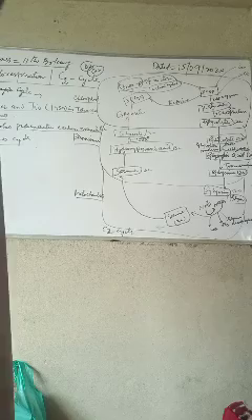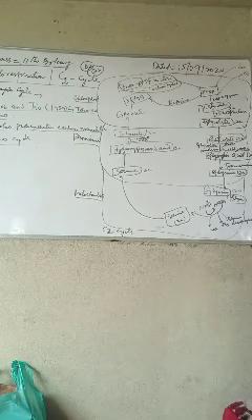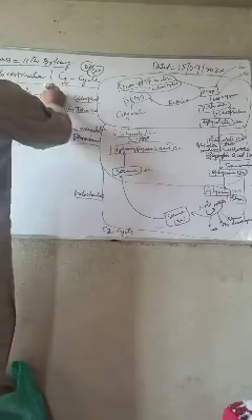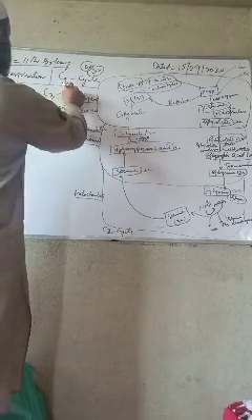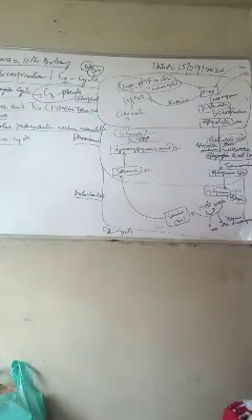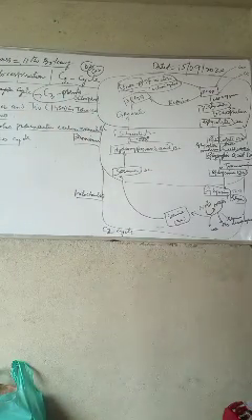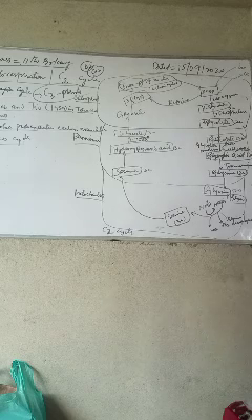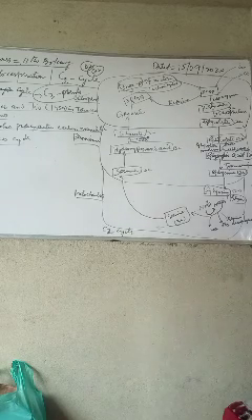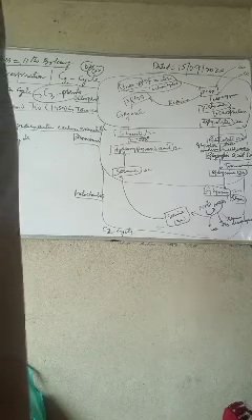Subsequently, photorespiration was found to be universal in C3 plants. C4 plants do not show photorespiration, but C3 plants show it, and it is said to be universal among C3 plants.